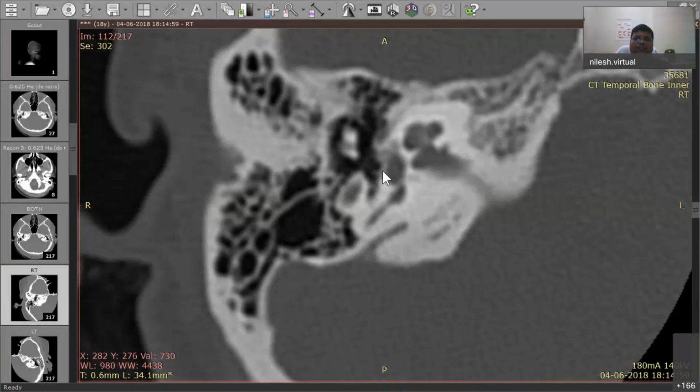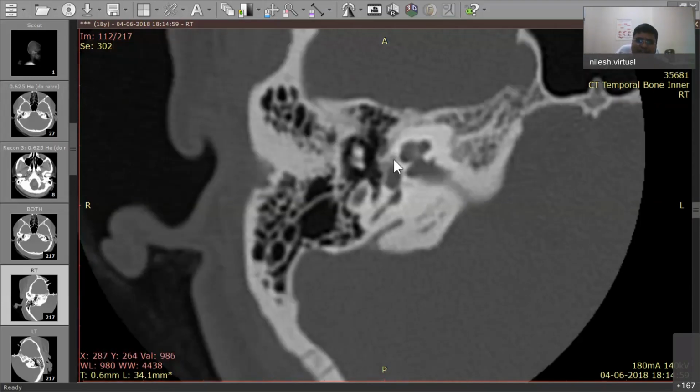You can see the thickness of the footplate is more, and you can see an area of hypodensity here. This is a demineralization focus at the fissula ante fenestram. Like this, you have to see carefully anterior to the anterior crus. This is the area of hypodensity or demineralization, which is a feature of otospongiosis.